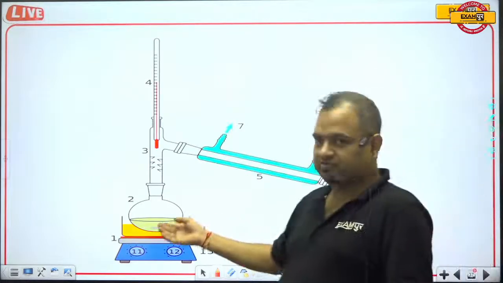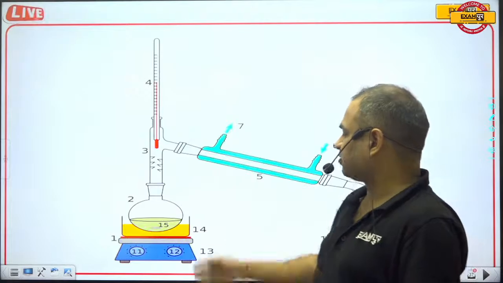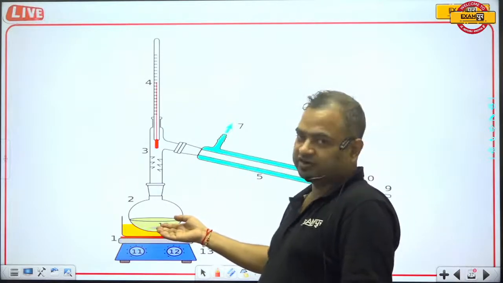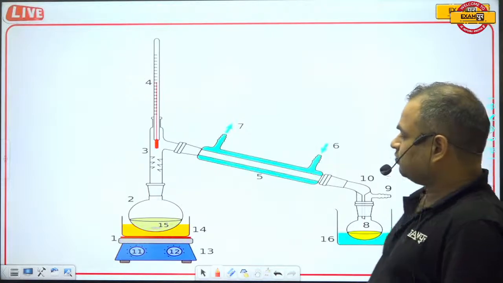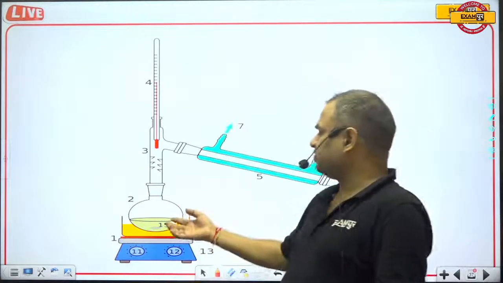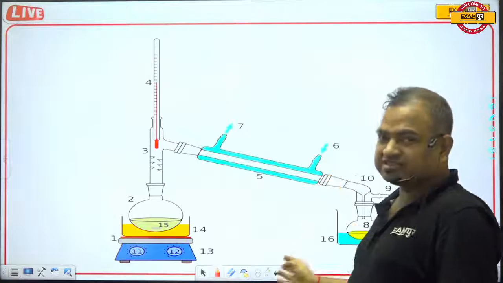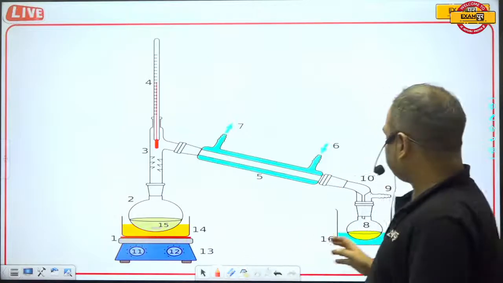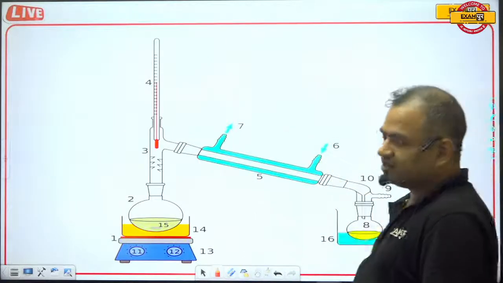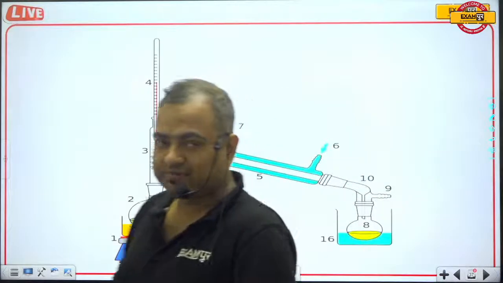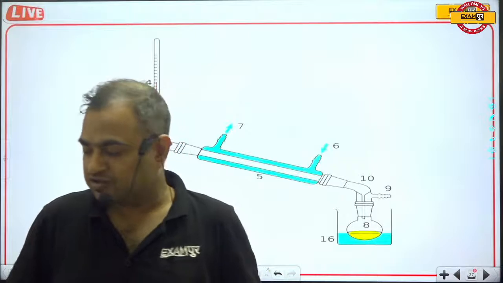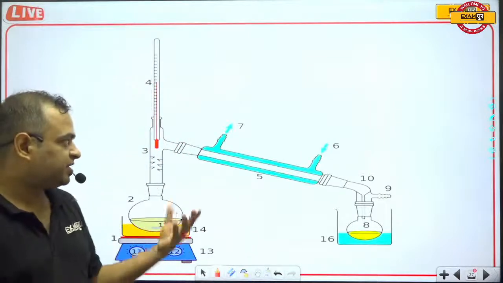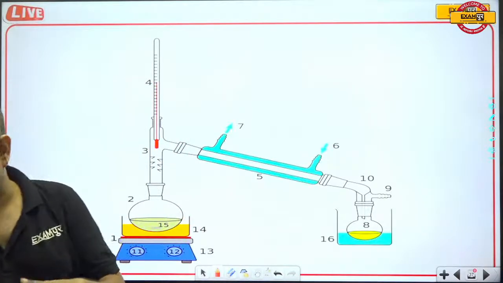Then the remaining part will be the water, which will get converted into steam, and then we can convert it back into water. But some part of the water will also be mixed with the alcohol, so we can repeat this process again and again, and in this way we can get 99% purity of the material. So this is the matter.